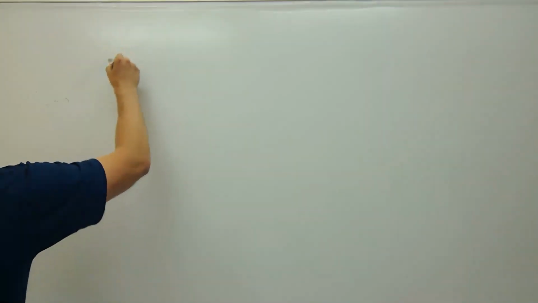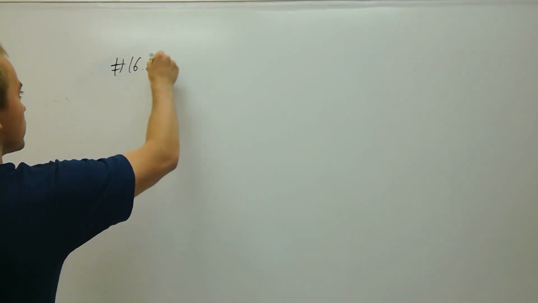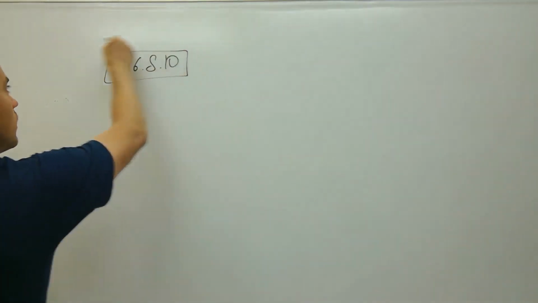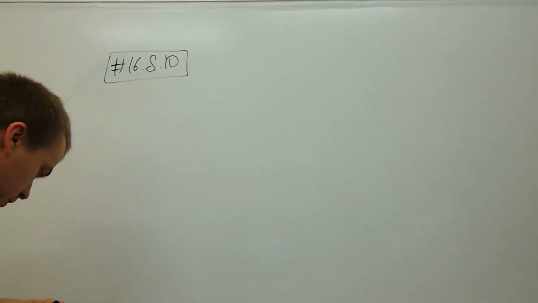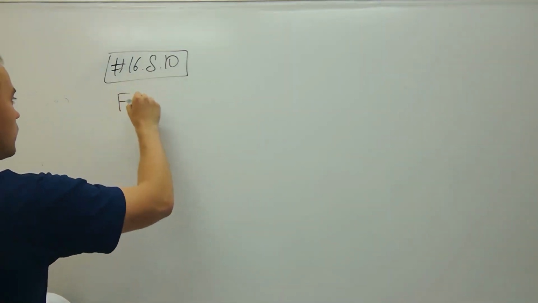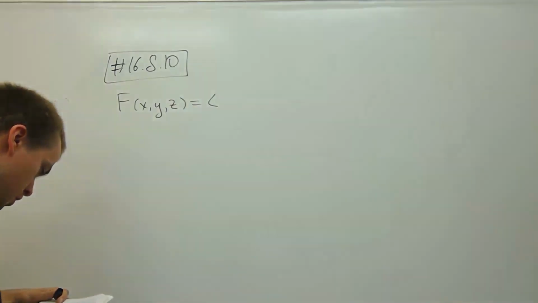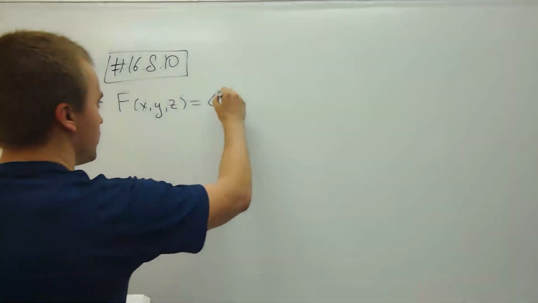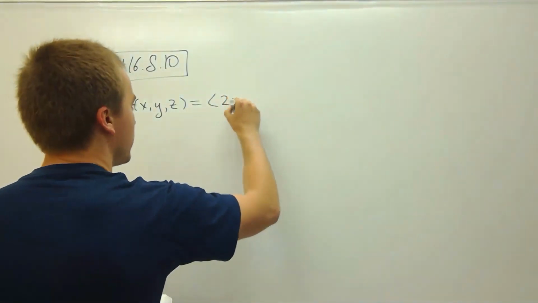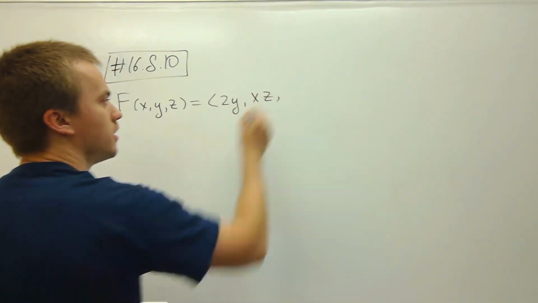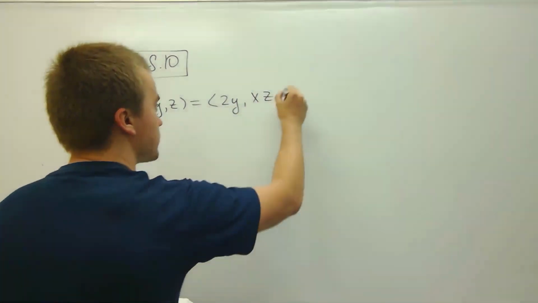So problem 16.8, number 10. For this problem, we're given a vector field F of x, y, z, and F has the following form: 2y, x, z, and x plus y.